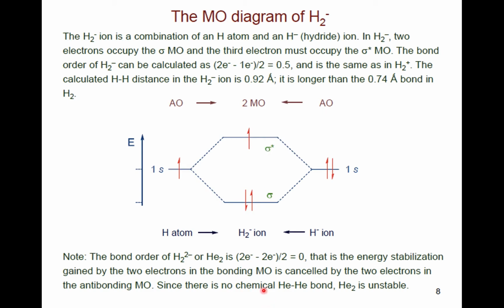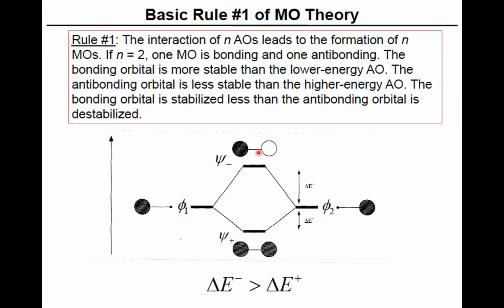So we get a bond order now for this molecular anion of a half. So it's interesting that H2 plus has a bond order of a half, and H2 minus also has a bond order of a half. So either adding or removing electrons from this molecule decreases the bond order. It's very happy to be H2 neutral.